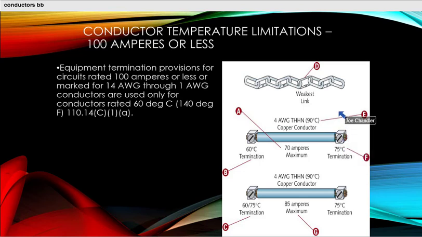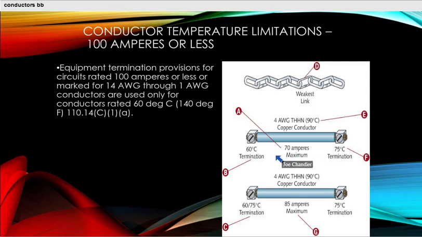So whenever you look at an entire circuit, you almost have to ask, what is the weakest link? That's the old saying: how strong is the chain? As strong as the weakest link. What is the ampacity, or the rating, of this circuit? It has to be based on the weakest link in the circuit.